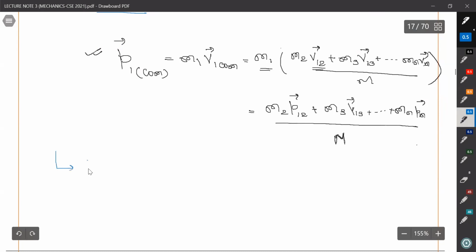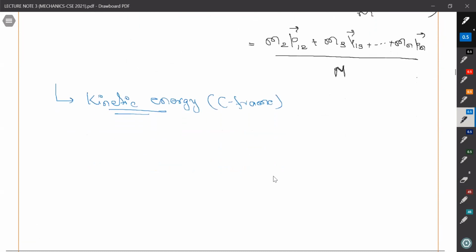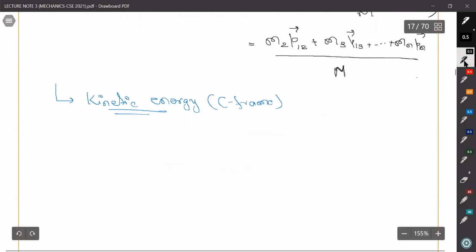Also, we can write the kinetic energy in the C frame. How can we write it? Just see.